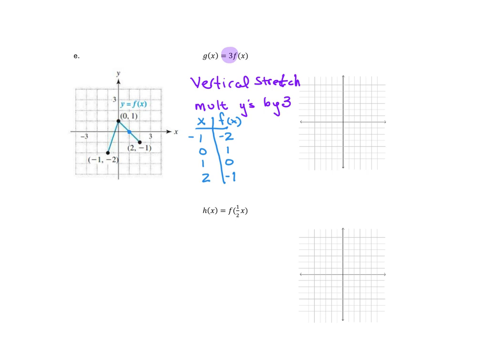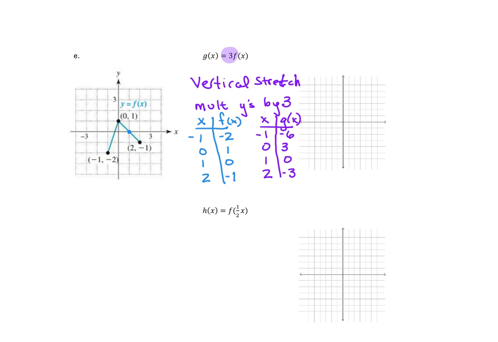All right, when we do our stretch, remember we want to multiply our y's by 3. And so our x's are all going to stay the same. We're going to have -1, 0, 1, and 2. And if we multiply our y values by 3, we get -6, 3. 0 times 3 is 0. And -1 times 3 is -3.